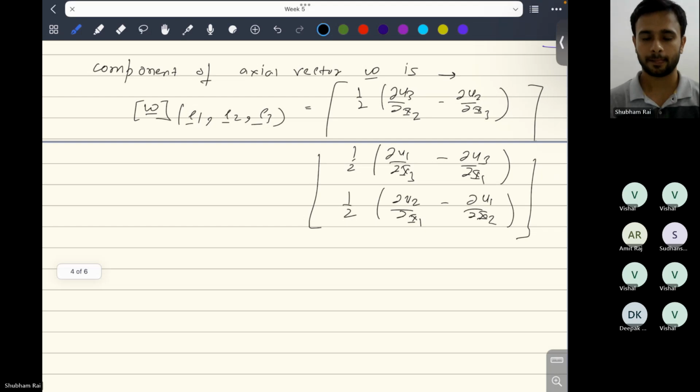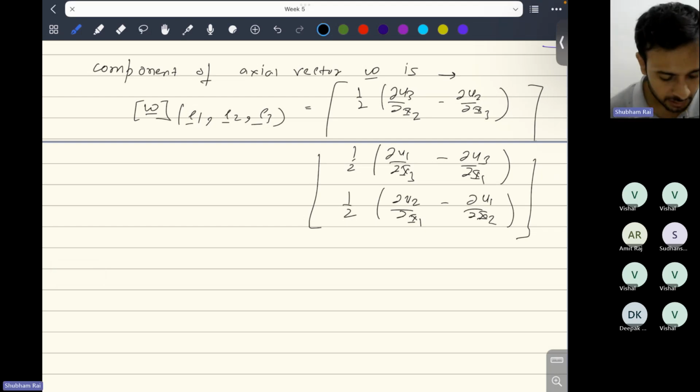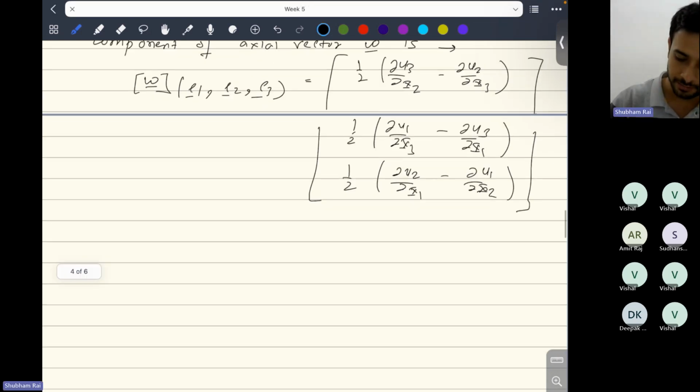Then you would have studied the similarity in the properties of the stress and strain tensors. So let me recapitulate that.